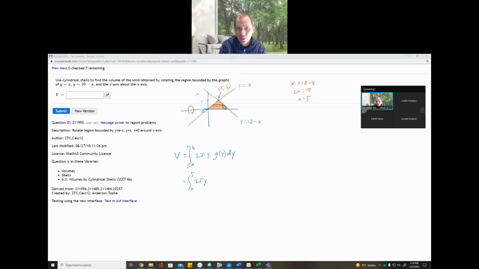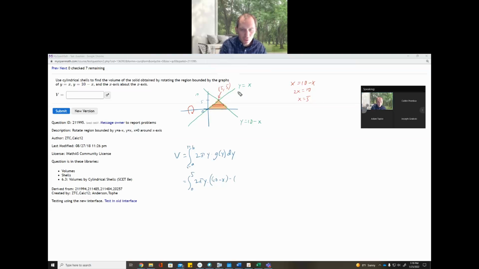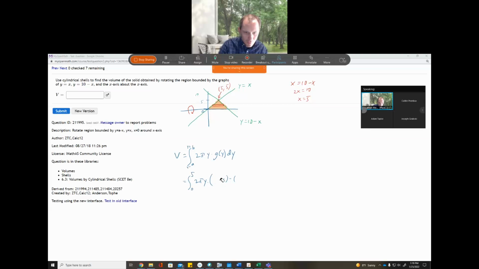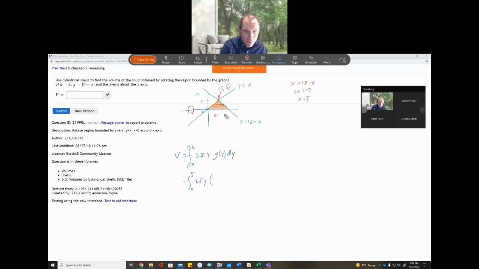Okay, so that's the difference between my two functions. Okay? So I'm going to take the function on the right, 10 minus x, and subtract the function on the left. Oh, I'm sorry, I wrote 10 minus x. I want these as functions of y. So this width is g of y.